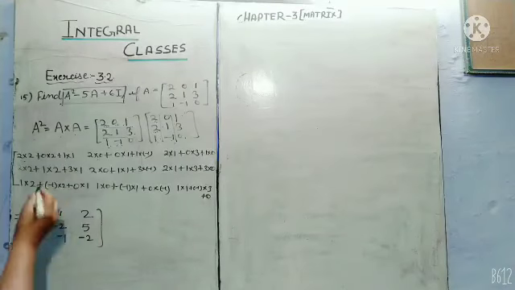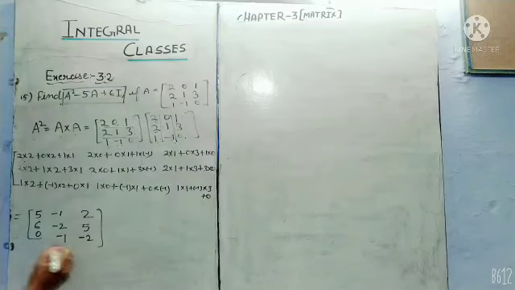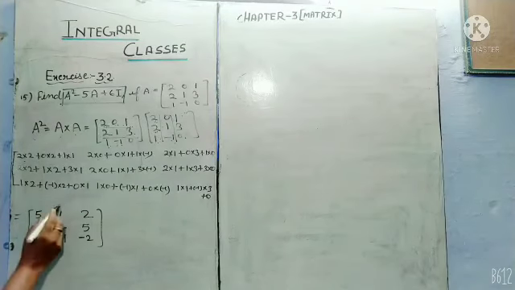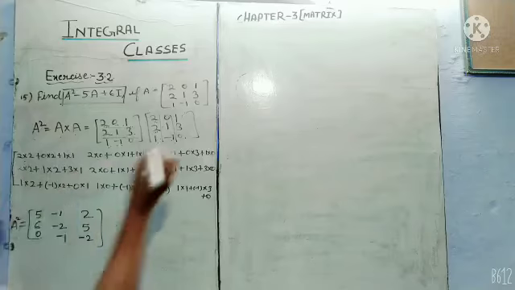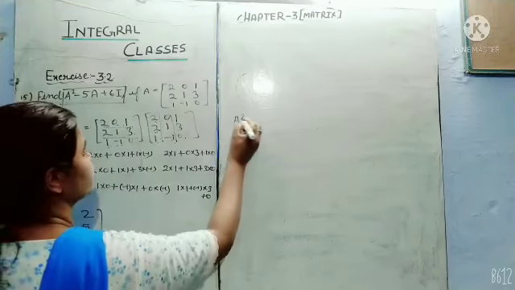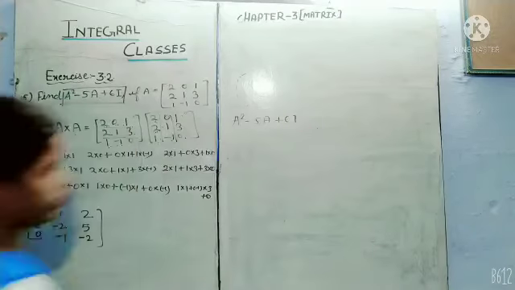So now I will solve them, then we will get this matrix. It is the value of A square. Now we will put it in this equation, A square minus 5A plus 6I.